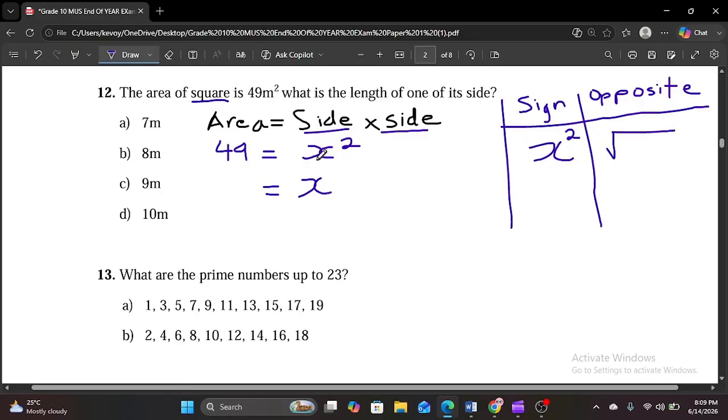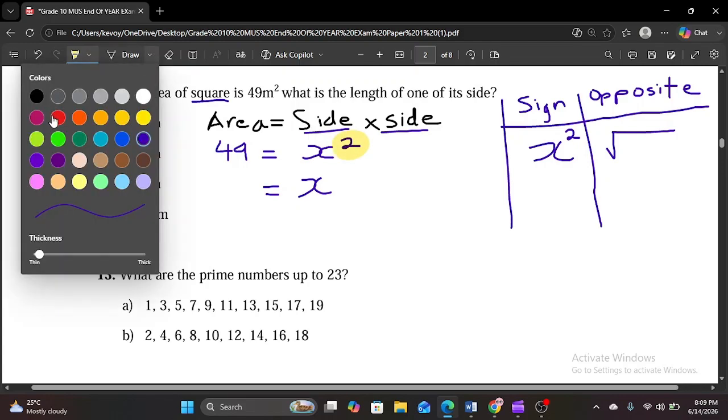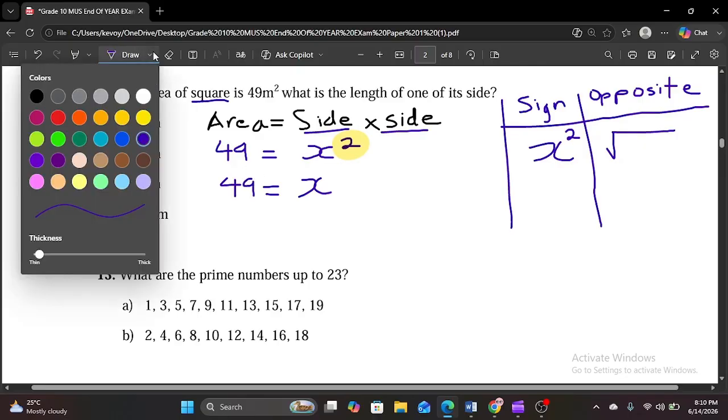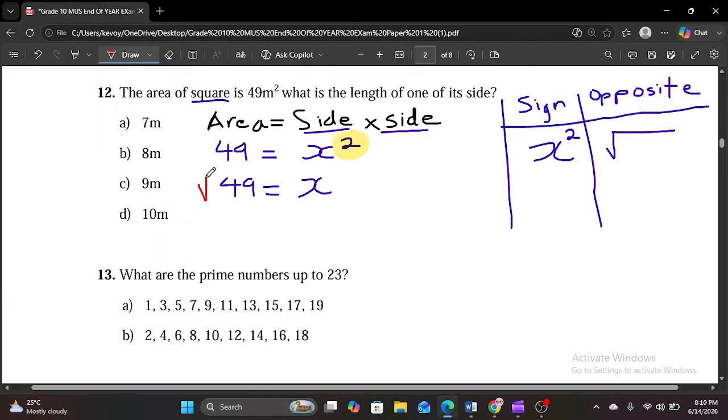So if I move this squared right here to the opposite side of the equal sign, it's going to change to the opposite, which is square root. So I'm going to end up having the square root of 49 equal to x, because the opposite of squared is square root, right? So the square root of 49 should give me what x is equal to.